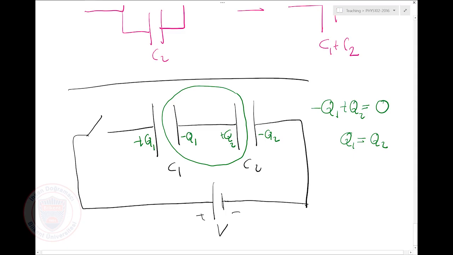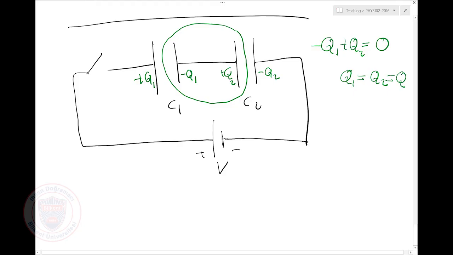Okay, does it make sense? Question? Okay. If the charges are equal, then I can actually calculate the voltage here. If charges are equal, let me call this Q. That's going to be my stored charge.